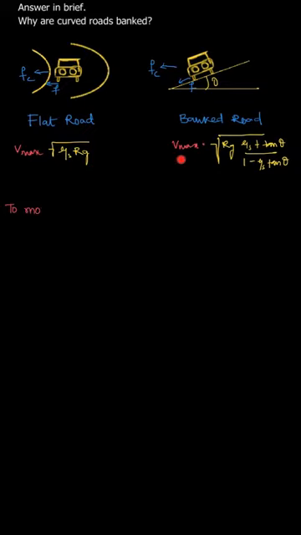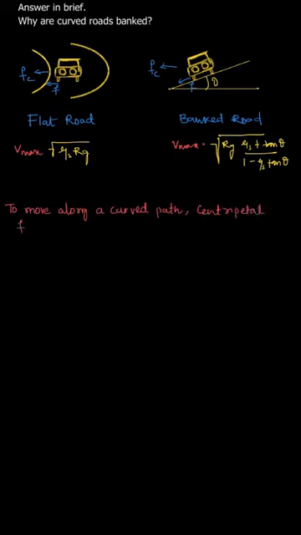For the banked road, the maximum permitted velocity is the square root of r g times (mu s plus tan theta) by (1 minus mu s tan theta).